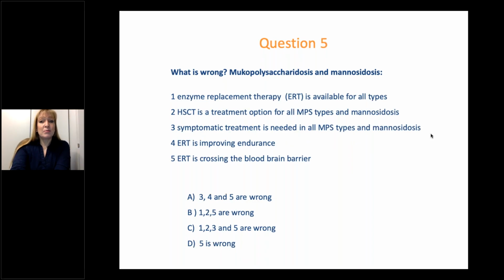Enzyme replacement therapy is available for all types. Stem cell transplantation is the treatment option for all MPS types and mannosidosis. Symptomatic treatment is needed in all types and mannosidosis. ERT is improving endurance. ERT is crossing the blood-brain barrier. So what do you think?